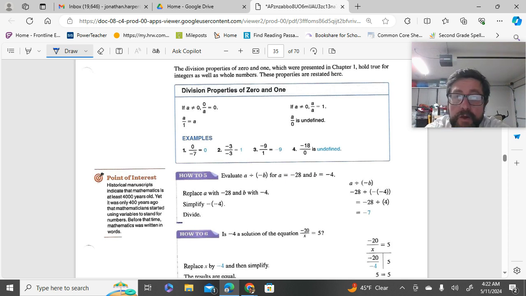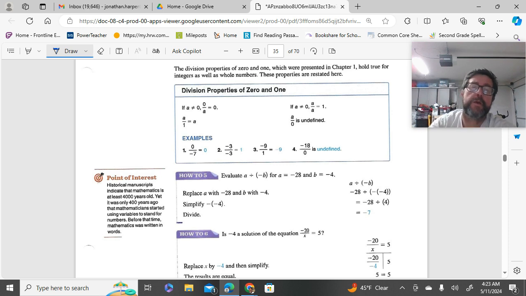Division property of 0 and 1. If a does not equal 0, then 0 divided by a equals 0. Now, a divided by 1 equals a, so that's the property of 1.